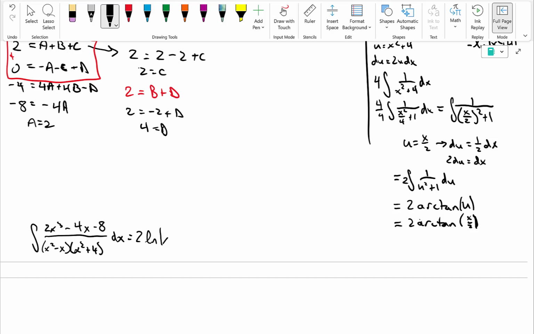So 2 ln x minus 2 ln x minus 1 plus ln x squared plus 4 plus that last one, 2 arctan x over 2 plus c.